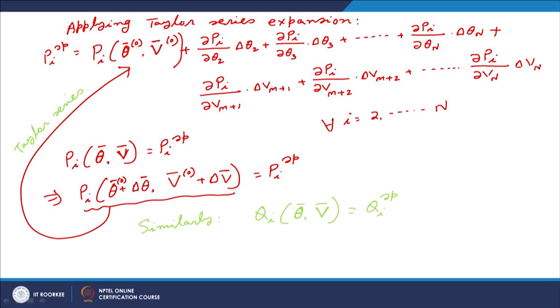Again, I take some initial guess plus some correction, and I also take some initial guess here plus some correction, that would be equal to Qi specified.